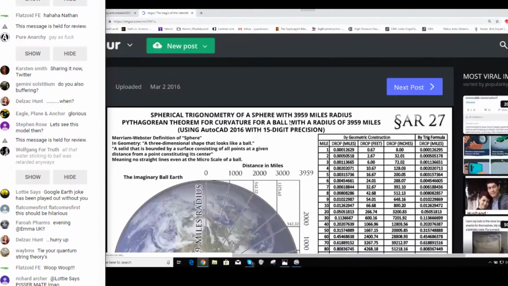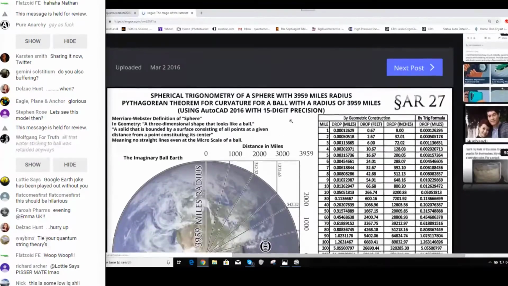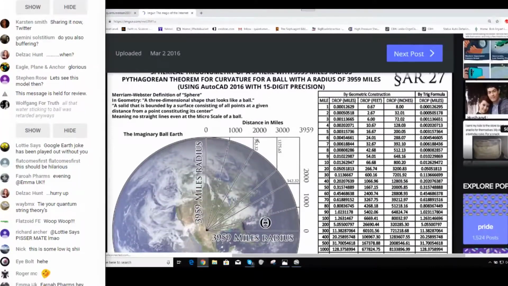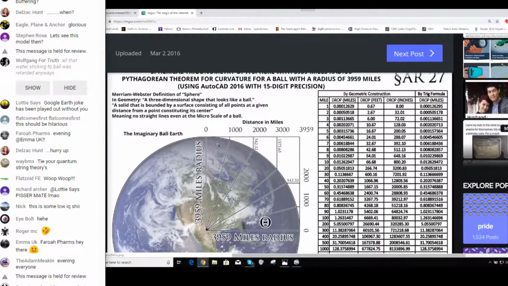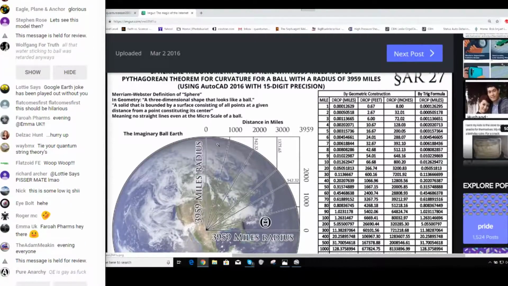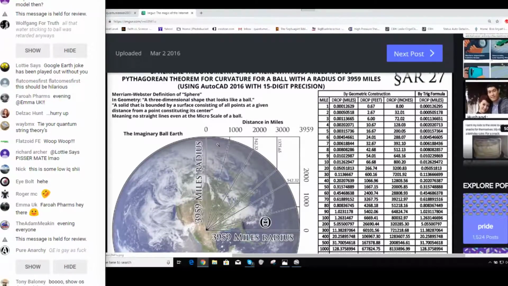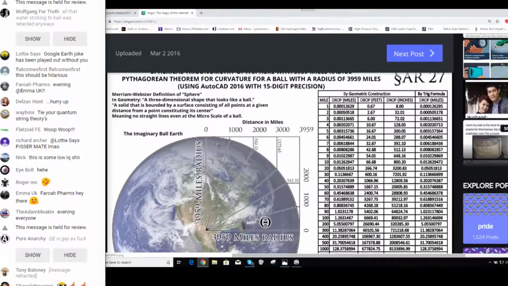It's called vertical drop. You guys remember this from 2015. This is the quintessential tenet of your spinning ball religion. You got to have drop. Every point from a tangent from your feet drops, that is vertically drops away from you, at 8 inches per mile squared.